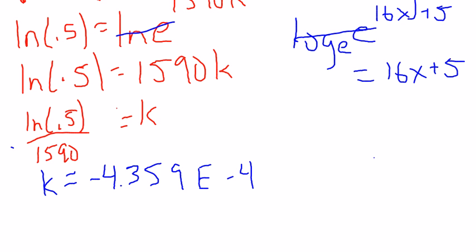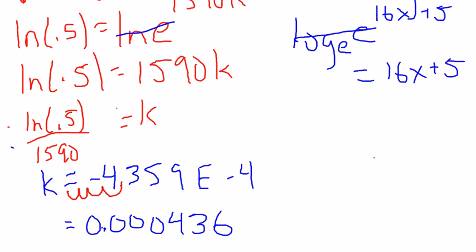To write it in non-scientific notation, I just move the decimal 1, 2, 3, 4 places, which leaves me with 3 zeros after the decimal place. 0.0004359, but to keep 3 decimals of accuracy, I'm going to round the 9 up to a 6.